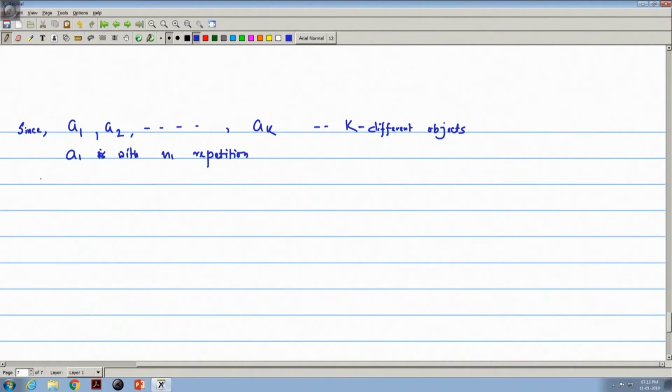So we can choose A1 objects by nC n1 ways, because A1 is with repetition n1. Okay.